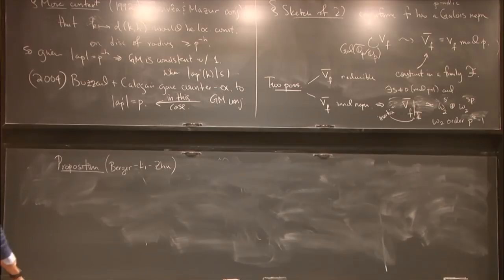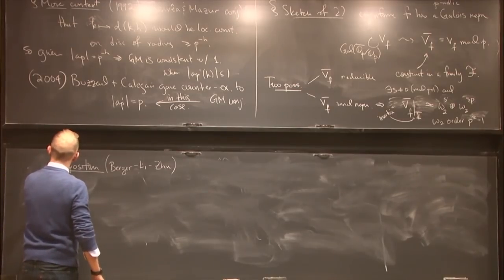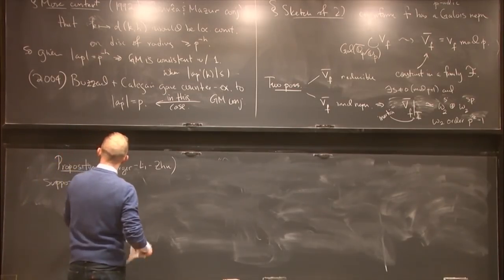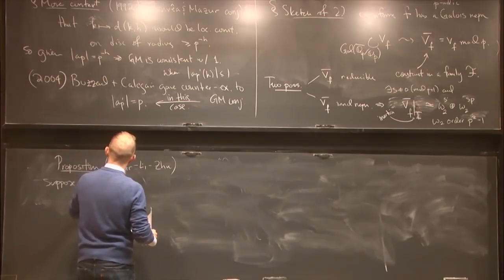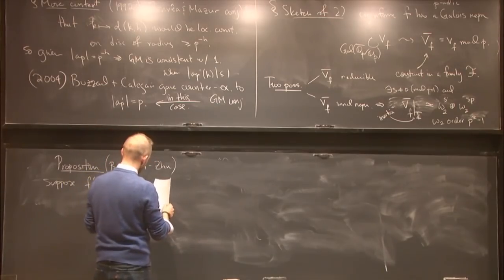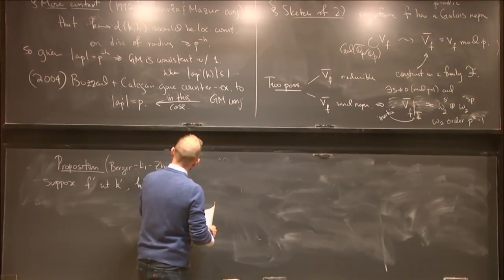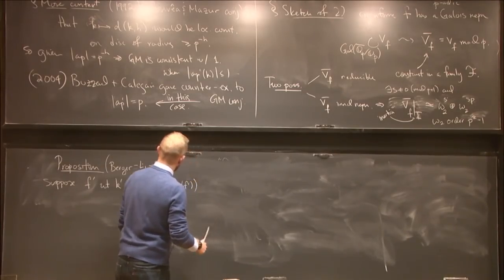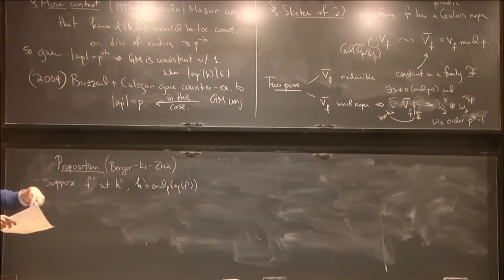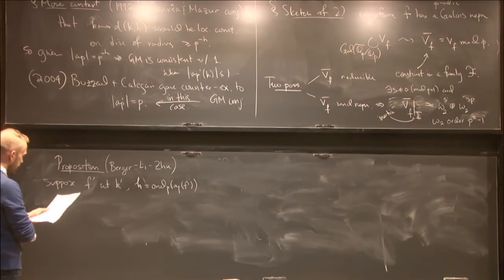And it says the following. So it says, suppose f prime has weight k prime. And let's write h for the order at p of a_p of f prime. Okay, so I want to apply this away from my eigenform f. That's why I'm writing f prime.